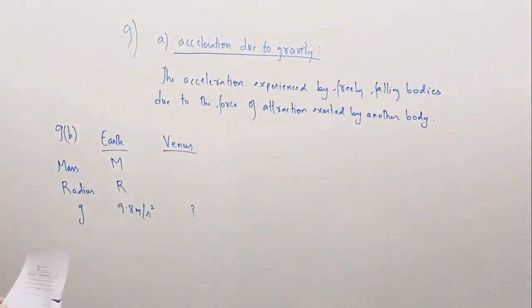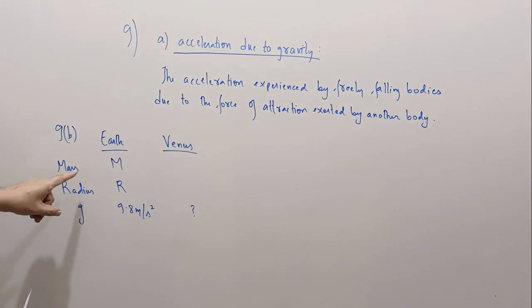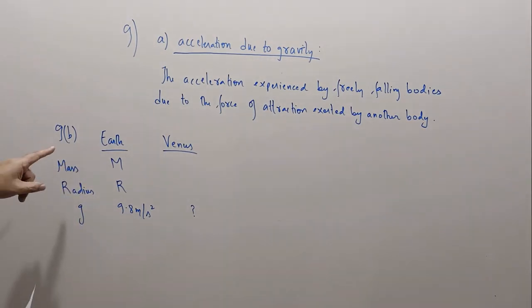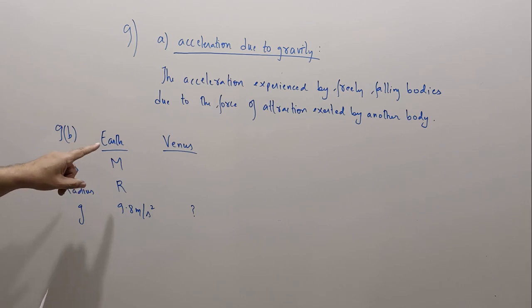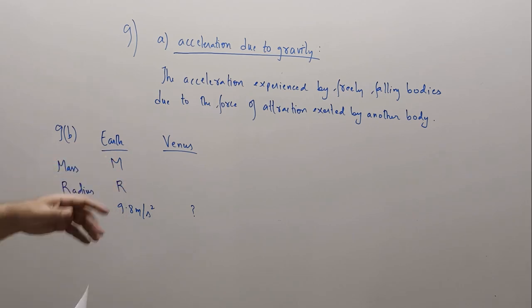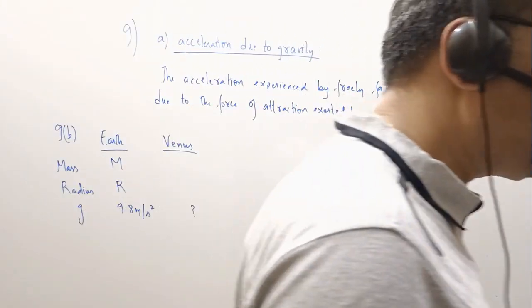Now coming to the second part of this question, this is the data we have. We have the masses, but we don't have the values given. It's only expressed in terms of the mass and radius of Earth.